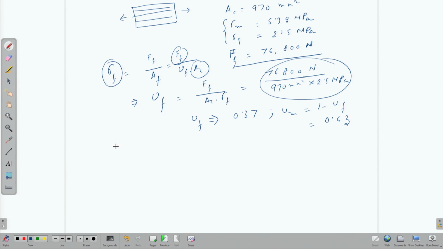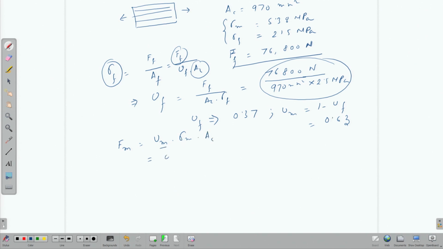Okay. Now, ultimately you have to find out the value of F m, because the load which is being carried by the matrix, that you have to find out. So, F m is equals to V m multiplied by sigma m into A c, and you can again plug in all the values.